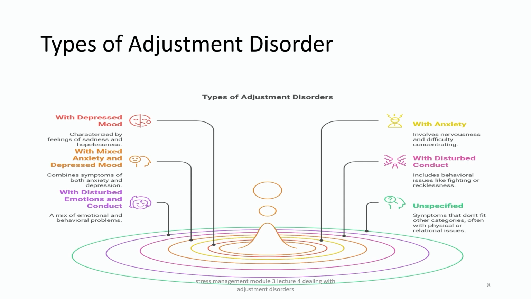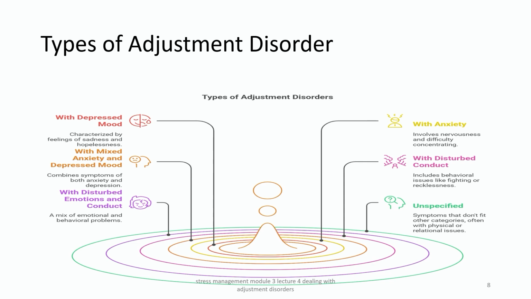If it exists with anxiety, it involves nervousness and difficulty in concentrating or thinking about the issues which are causing maladjustment. The mixed anxiety and depressed mood type of adjustment disorder showcases the features of both. That means the person is having anxiety as well as depressed mood.